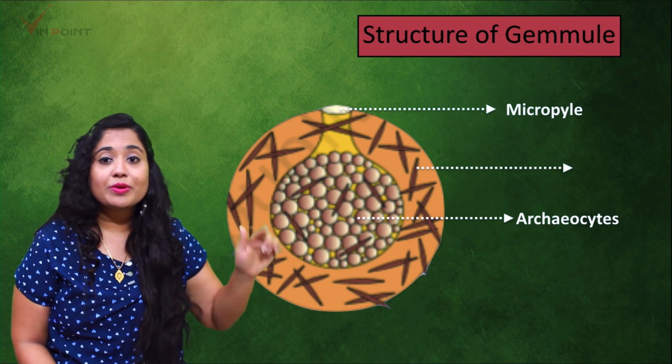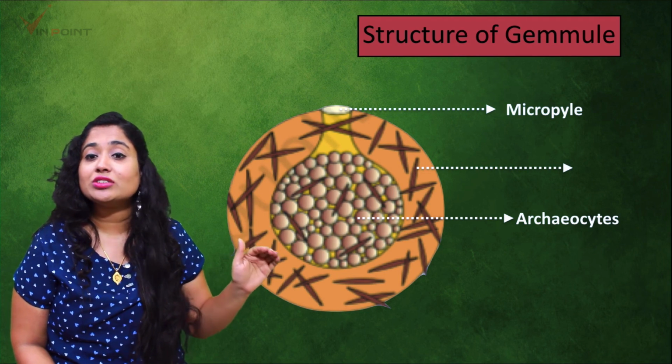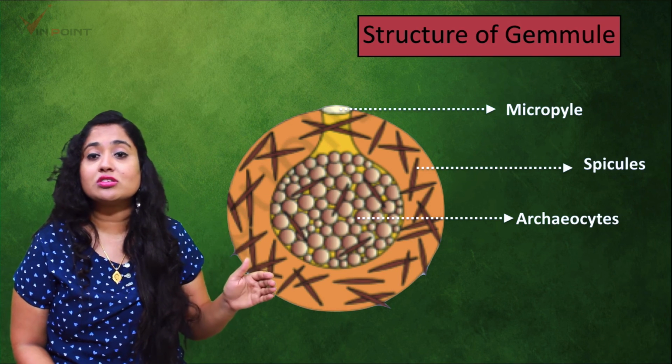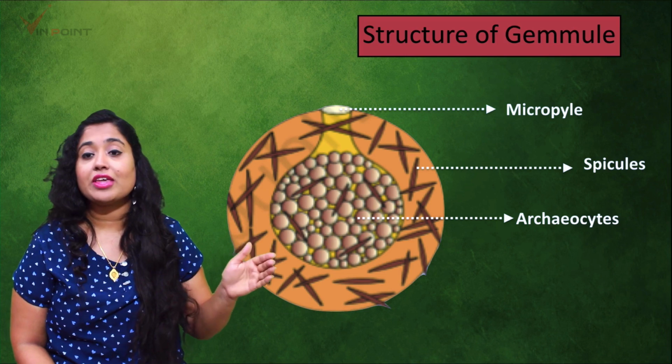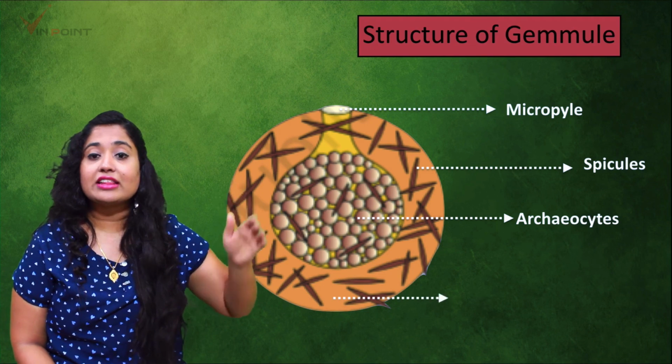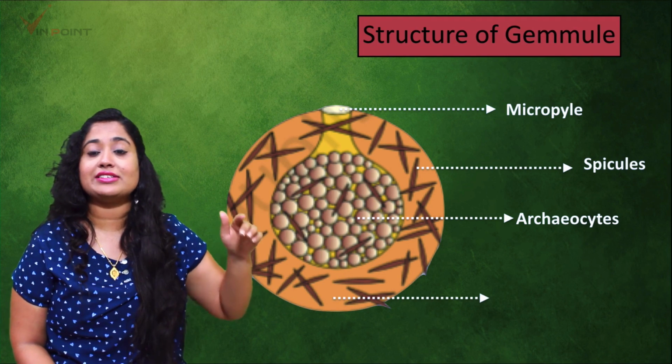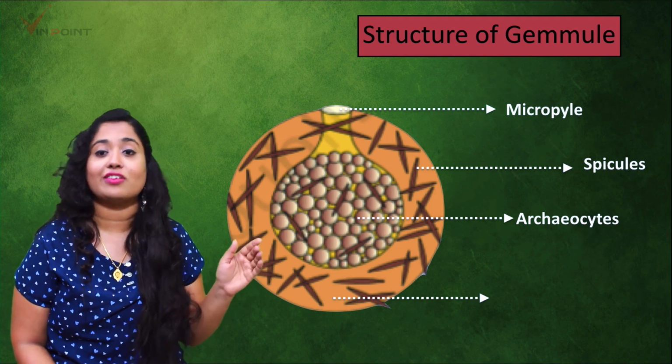You can see spicules, which are skeletal elements that will be protecting the cells. Whereas you can see the gelatinous covering which is present, which will be preventing it from drying.